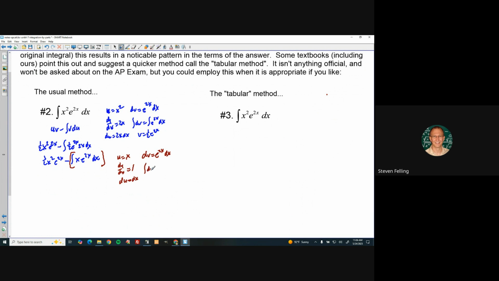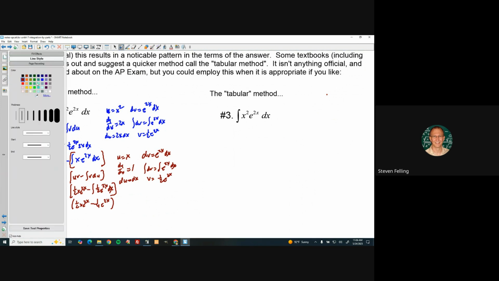The antiderivative here gives me that the v is equal to 1/2 e to the 2x again. And then we're going to put uv minus integral v du in here. And we get that this is 1/2 x e to the 2x minus an integral of 1/2 e to the 2x. Right? And that's going to be 1/2 x e to the 2x. When I do this antiderivative, there'll be another 1/2, so that becomes minus 1/4 e to the 2x.